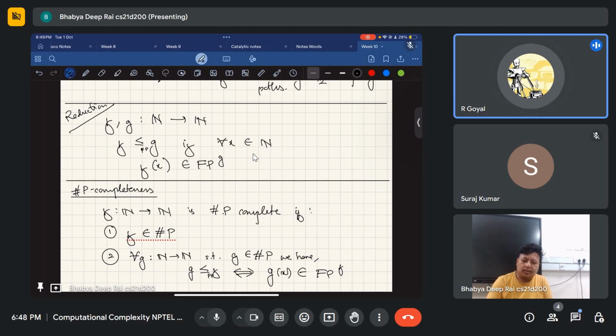The problem here is that the name of the reduction function and the name of the problem are the same. So it could be something else, a function t, such that every instance of the problem g can be rephrased as an instance of the problem f, and such a reduction should belong to fp.